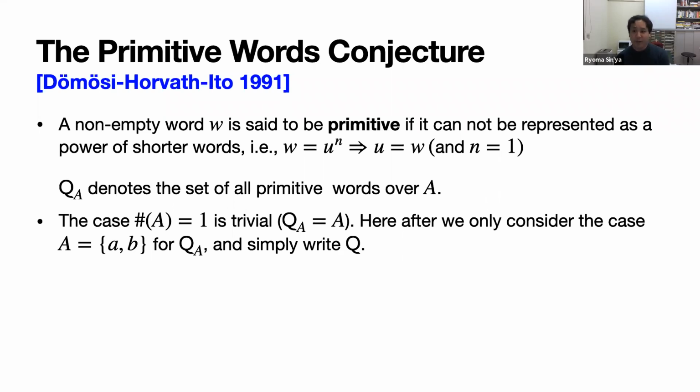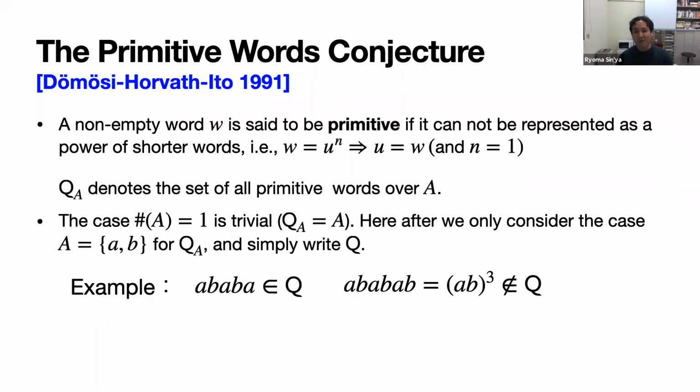Hereafter, we only consider the case where the alphabet consists of 2 letters A and B, and we simply write Q. Here are some examples of primitive words. ABA is not a power of any shorter word, so it is primitive, so it is in Q. But if we add the letter B at the end, we obtain ABAB, which is a square of the word AB.